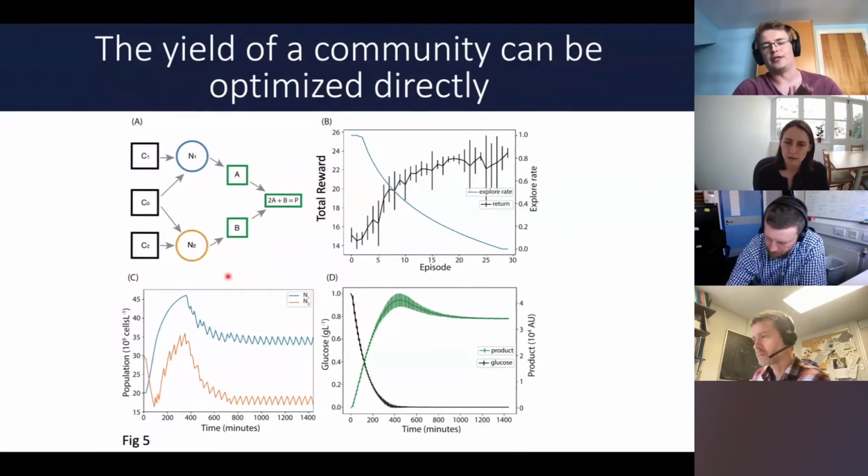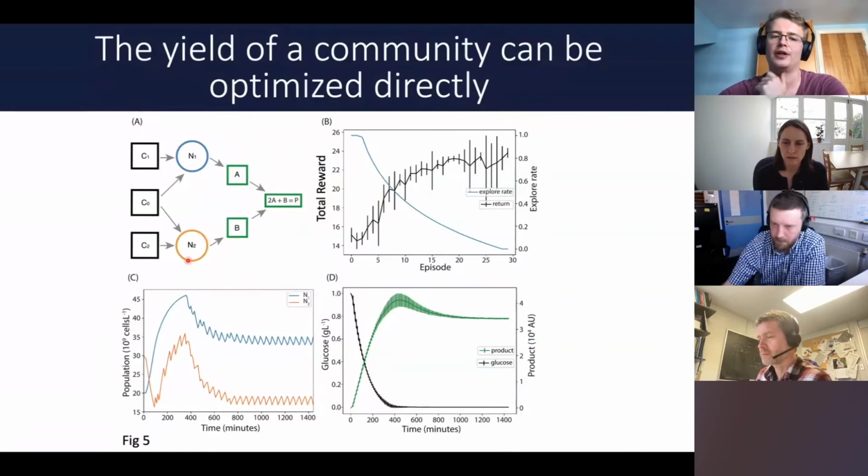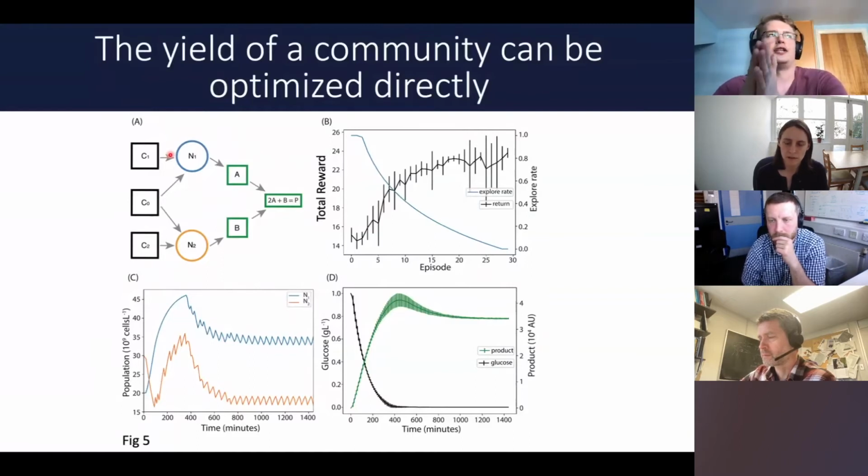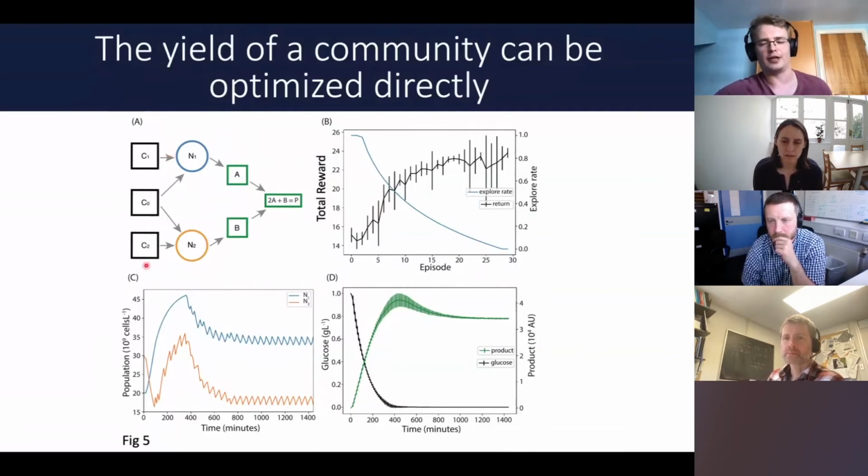The problem is with the system, we have some hidden variables. We only measure the population levels. We can't measure the internal concentrations of these nutrients. So it's actually a non-Markovian system, because those nutrient levels are relevant to the decision-making process.